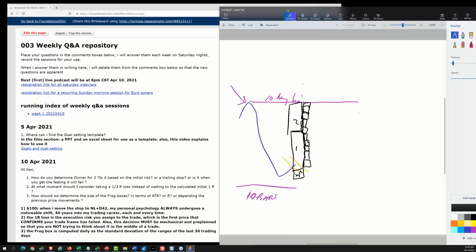So now what I've got is, when this thing actually works, it's not an unreasonable move for it to get this far. So maybe the average win is something like this.